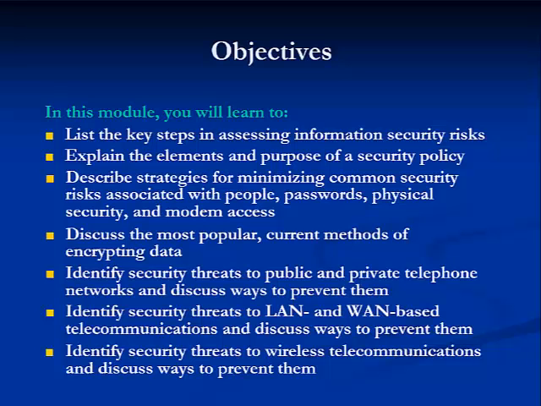After completing this module, you will be able to first list the key steps in assessing information security risks. Then you will be able to explain the elements and purpose of a security policy, describe the strategies for minimizing common security risks associated with people, passwords, physical security, and modem access, discuss the most popular current methods of encrypting data, identify security threats to public and private telephone networks and discuss ways to prevent them, identify security threats to LAN and WAN-based telecommunications and discuss ways to prevent them.